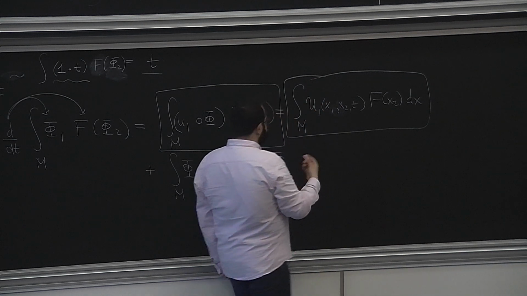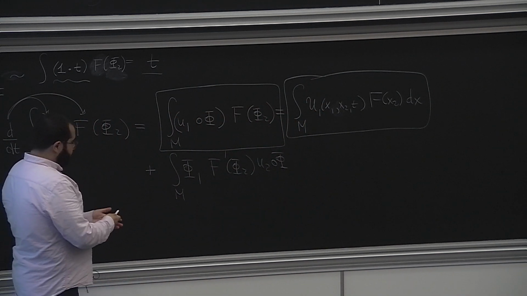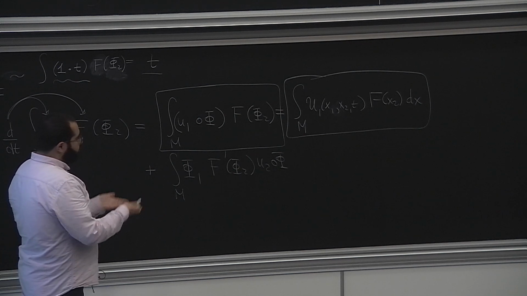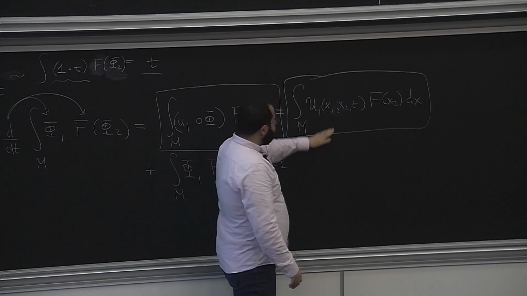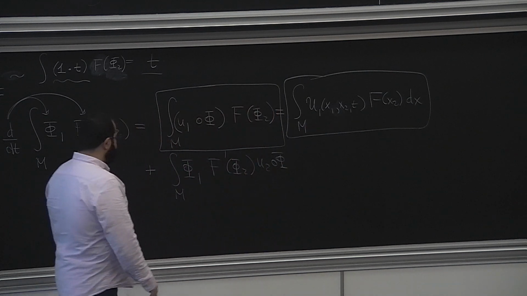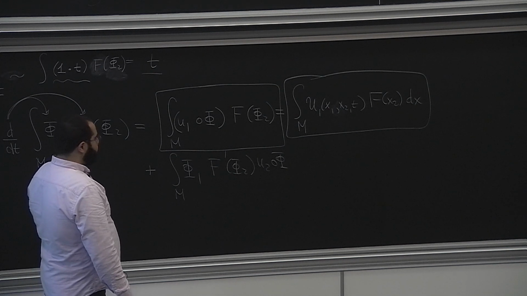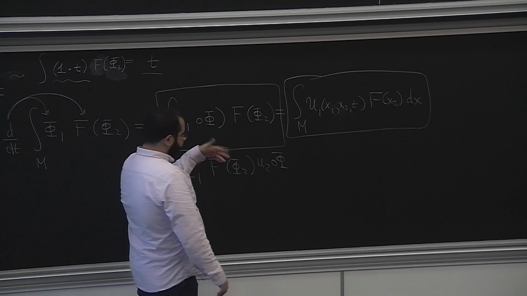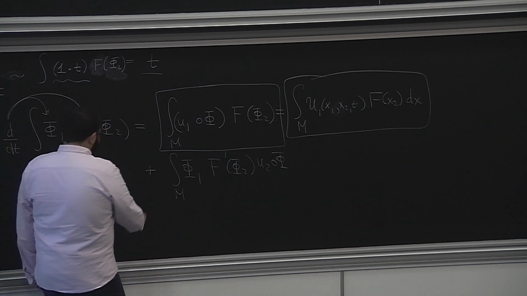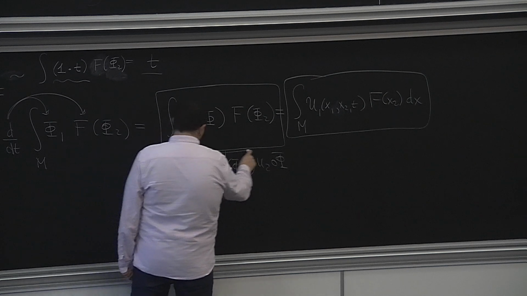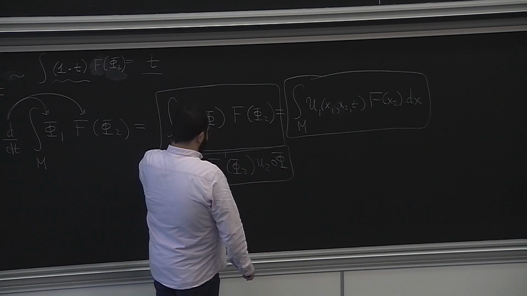This piece you can determine by knowing what u is. It doesn't depend on phi, in a sense. It doesn't depend on where the particles are. It's just a statement about u. Well, they call it a kinematic condition or whatever. This one we can't do the same thing. So this is the main one we have to compute.